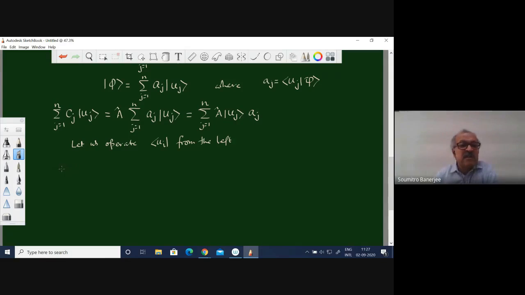So you can write it as sigma j equal to 1 to n of c_j <u_i|u_j>. Now what is this? This is nothing but delta_ij c_j. So that will cancel off everything where i is not equal to j. So this is nothing but c_i. Everything else cancels off.